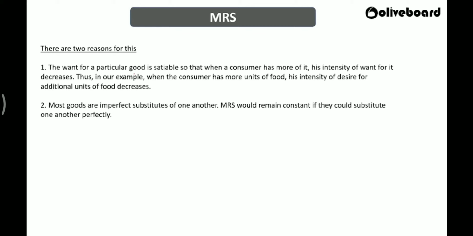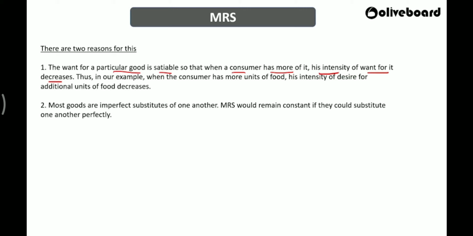So that is the reason your MRS is declining. The want for a particular good is satiable, so when a consumer has more of it, his intensity of want for it decreases. Once it reduces, you will not give away another commodity to get this product again.